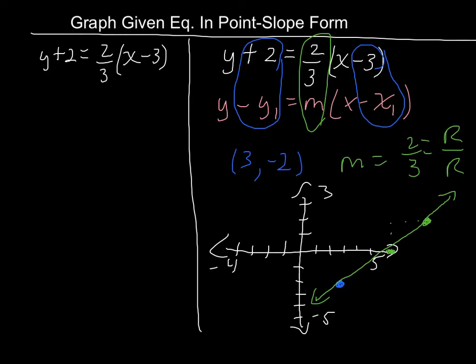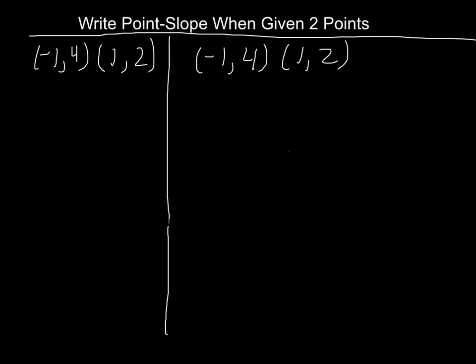Okay, so that's the second type, and then we're going to take a look at one more type here, which is when we're given 2 points, how do we write the point slope form?